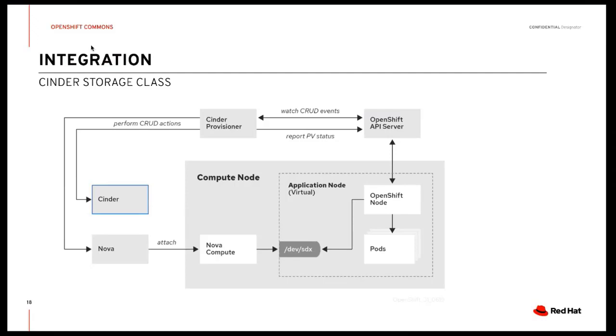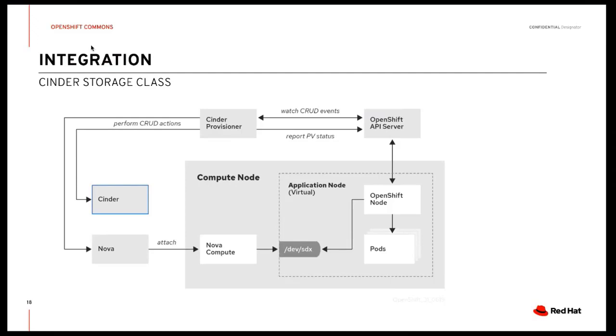If a pod on an OpenShift node needs a persistent volume and you make a persistent volume claim, the Cinder provisioner will see that request, and it will make API calls directly to Cinder to create the virtual disk, the block device.